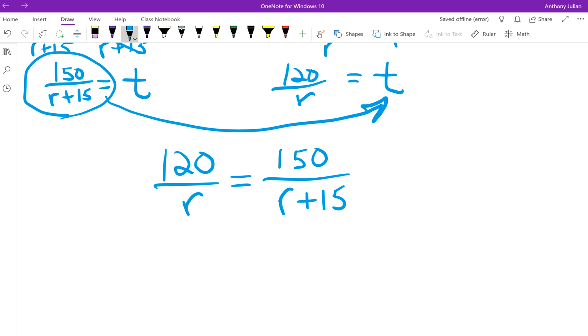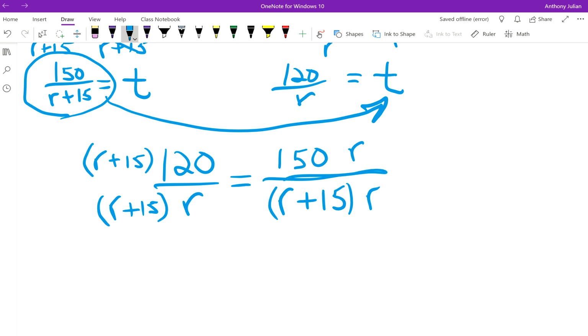You can cross multiply here if you want, or you can get the denominators to be the same. So maybe I'll just remain consistent here and get our denominators to be the same. So I'm going to multiply this side by R plus 15, top and bottom. And the R plus 15 over here, I'm going to multiply top and bottom just by R.